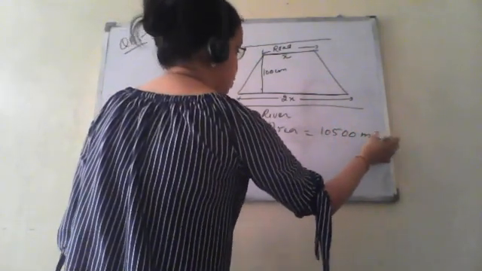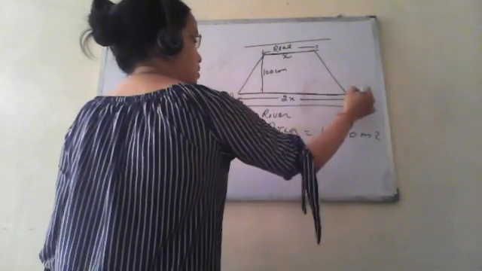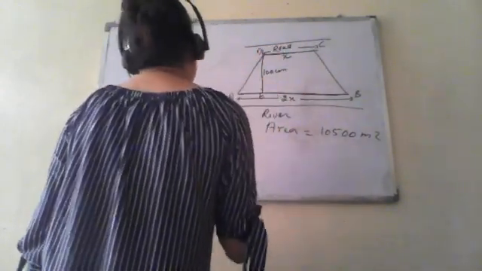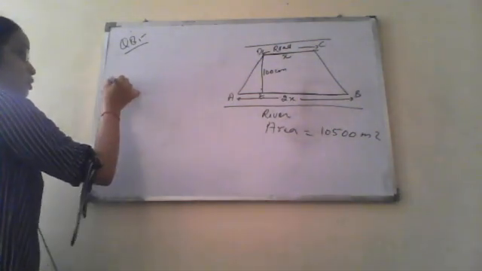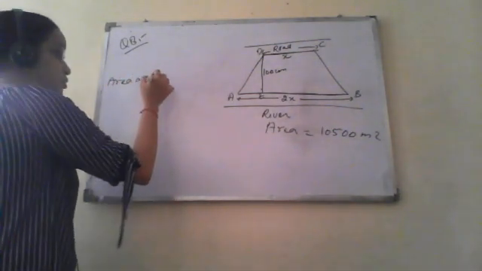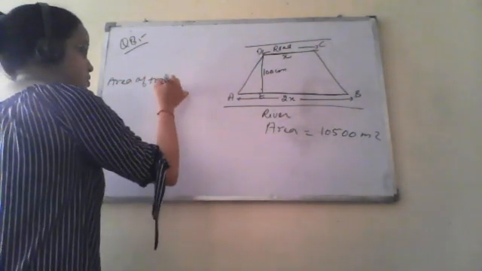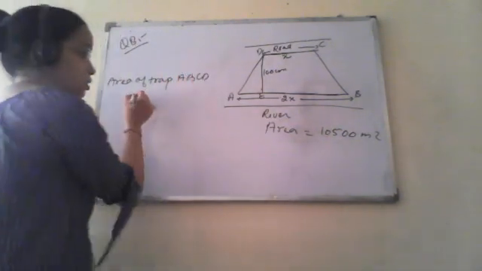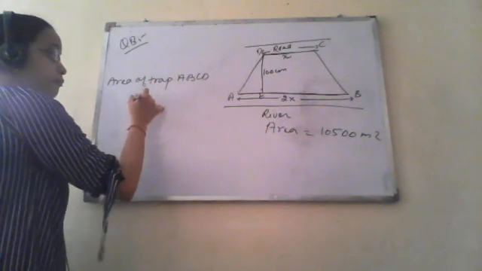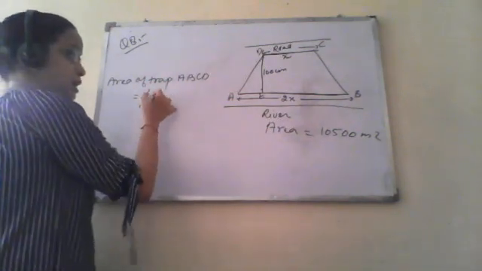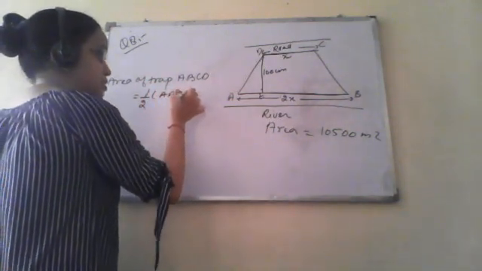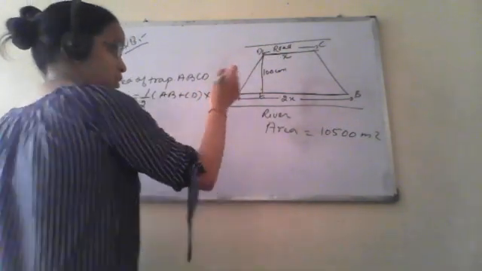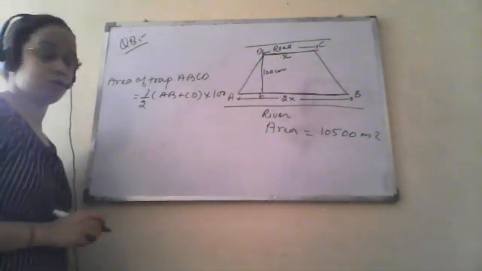Area is 10500 meter square. Suppose this is A, B, C, D and this is E. So area of trapezium ABCD will be half the sum of parallel sides, that is AB plus CD, into this perpendicular distance between the two parallel sides.